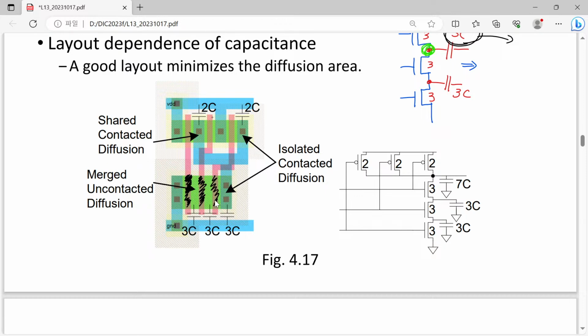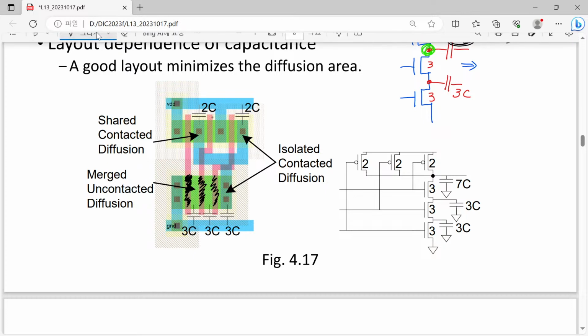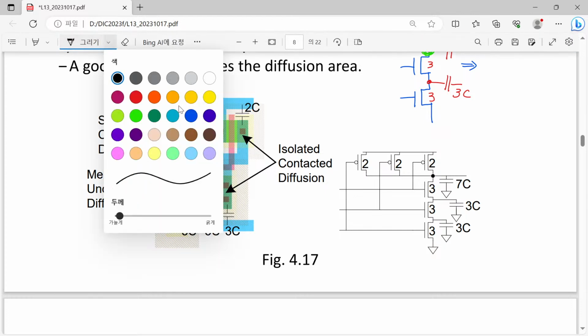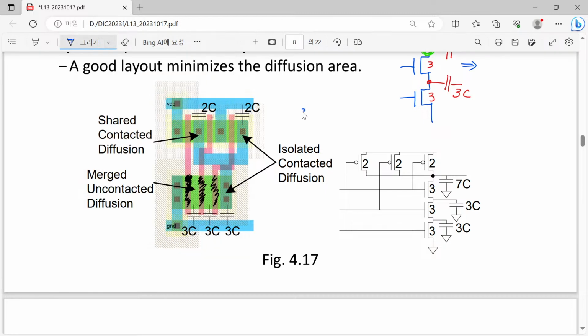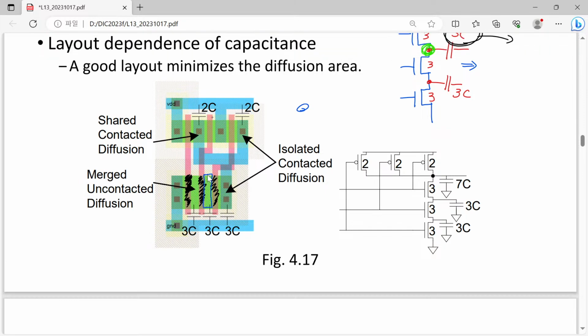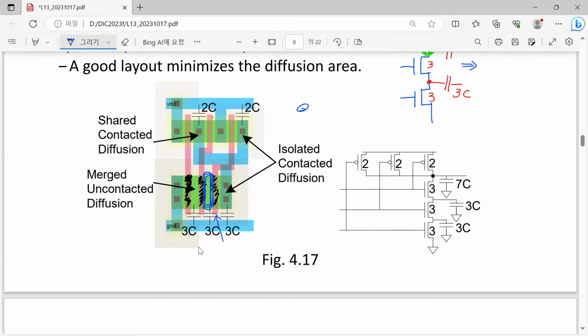There are 3 transistors, and in between you can find a green area. So you can clearly see this green area that is corresponding to the source of this transistor and drain of this transistor.